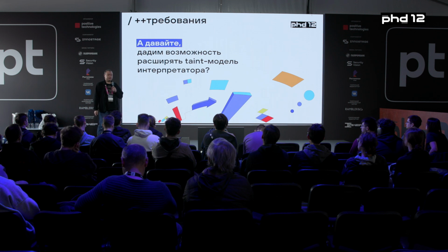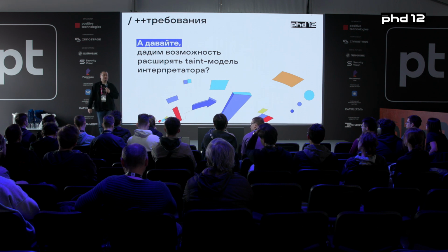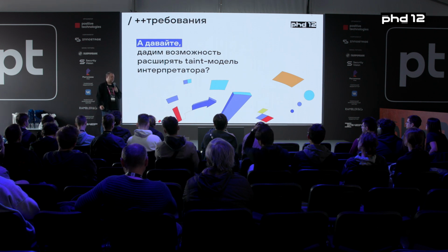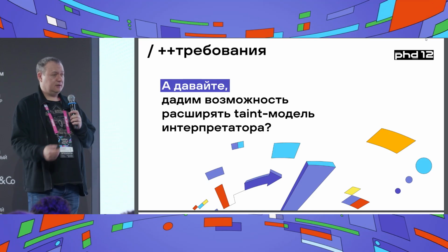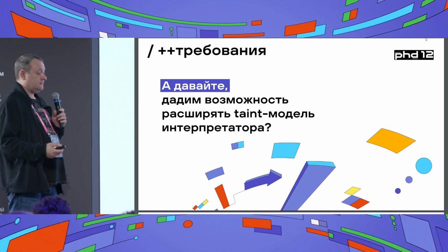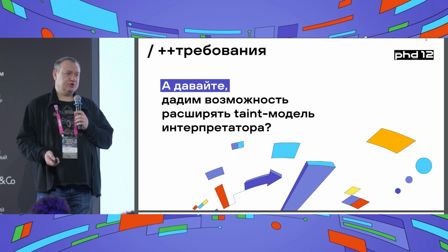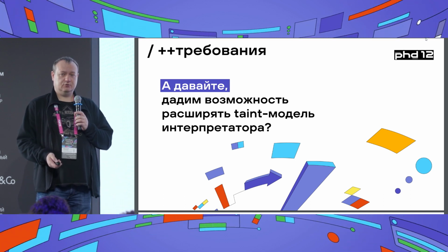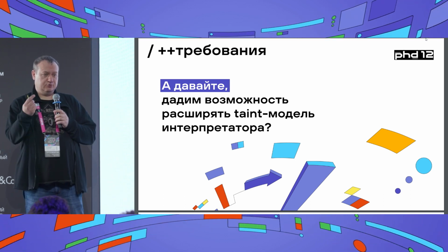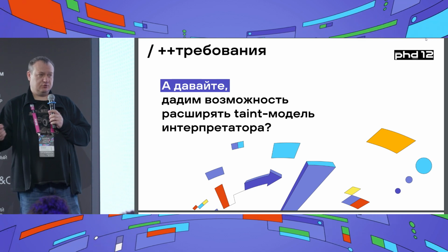Of course, as soon as we started working with the users, they asked us a lot of things. Please do this, do that. As far as request languages are concerned, the first request was about taint model. What is a taint model? We have input, output points, and the filtering function.